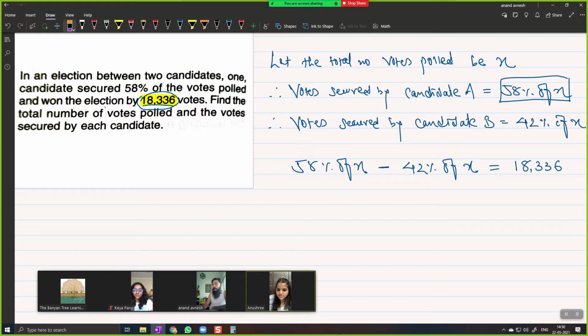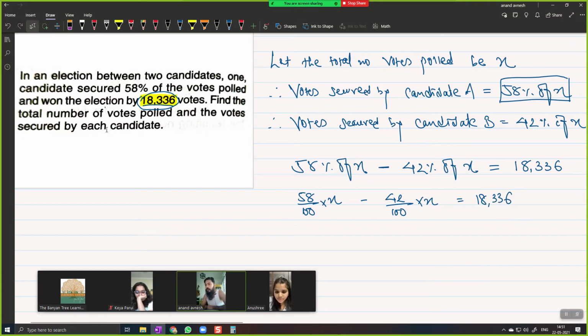The answer is 16, like 58 minus 42. No, you cannot minus like this. This is a big calculation now. You have to do percentage also. So 58 upon 100 times X minus 42 upon 100 times X is equal to 18,336.